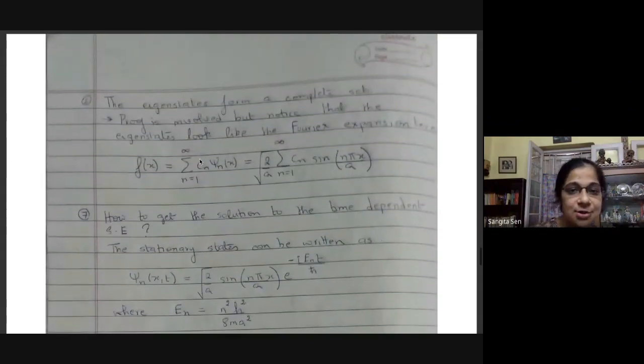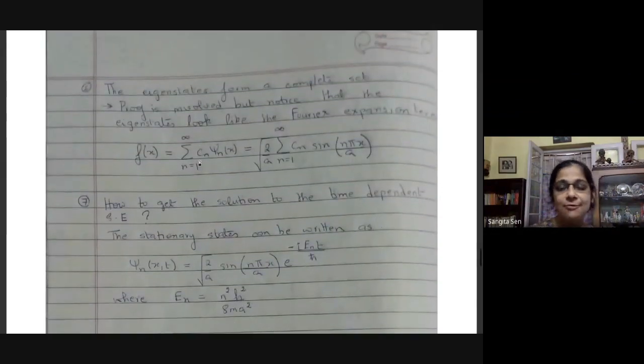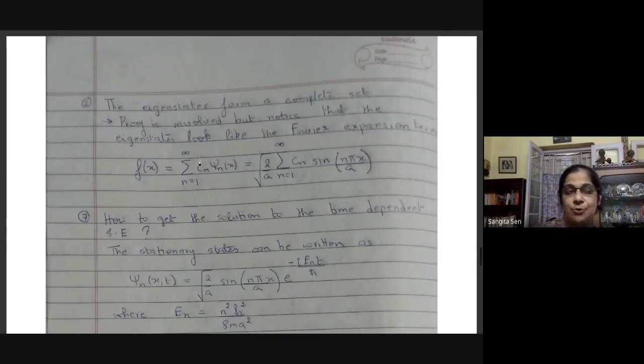Also, this set of eigenfunctions forms a complete set. This proof has a very mathematical basis, and I have never done it, and I will not present it to you because I don't know it either.